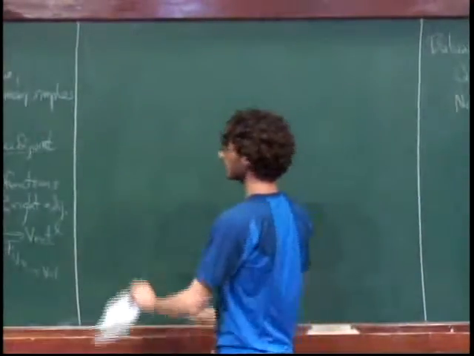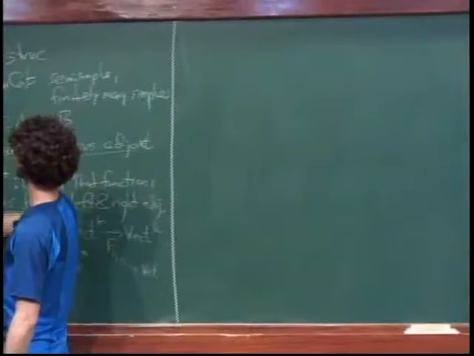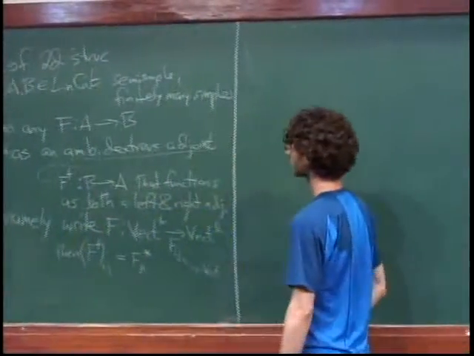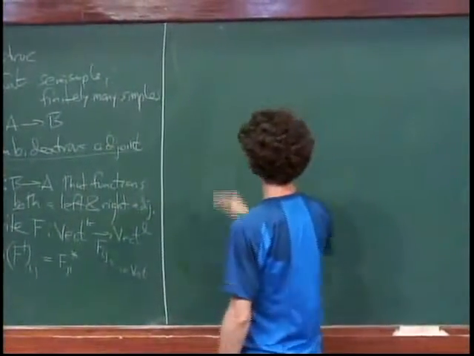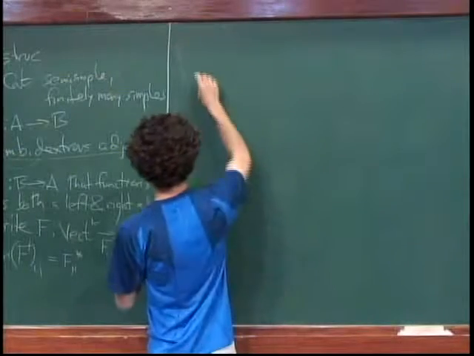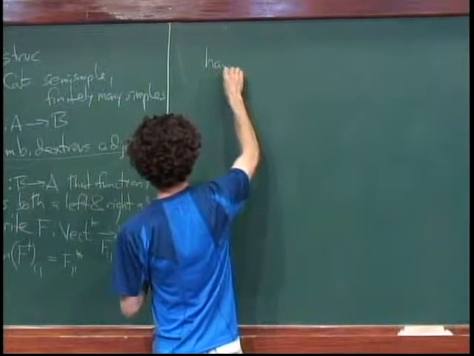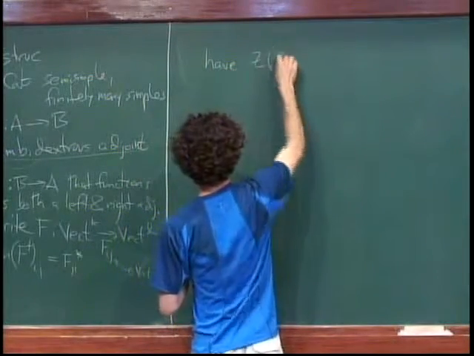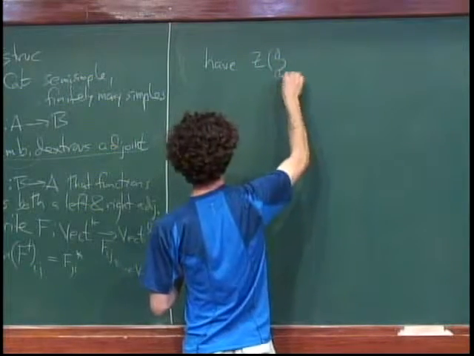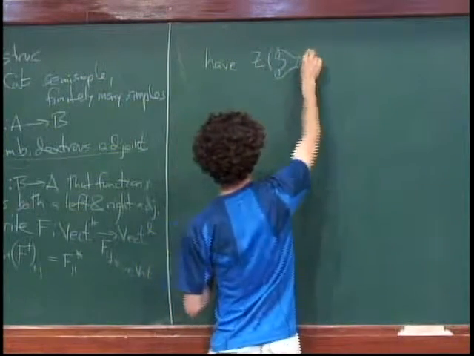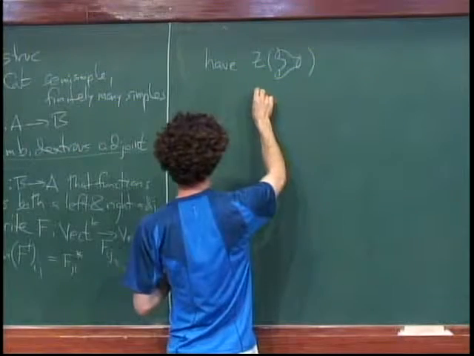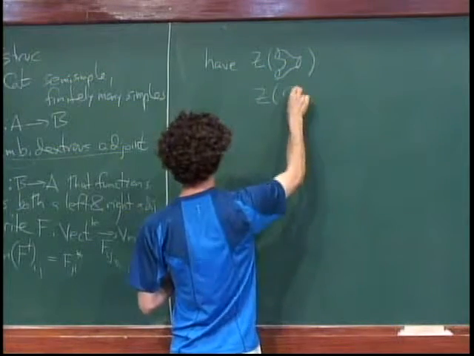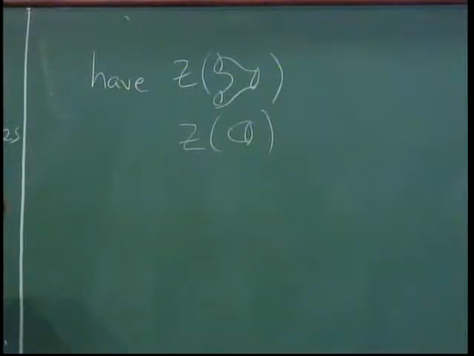Okay, so now that was all sort of an abstract aside, so now we want to build the rest of the 2D structure. So what do we have? We certainly know what the pair of pants is. That's our product on our category, and we know the unit on our category.